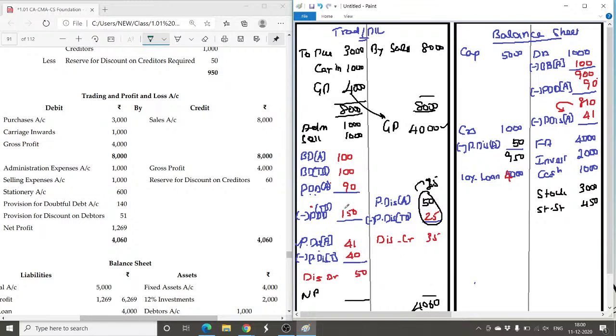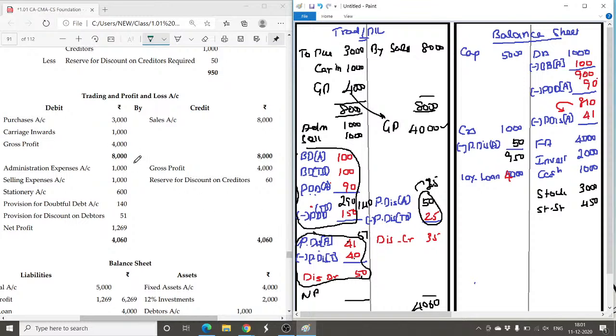Now you have to consider all these portions put together and get the value first. 100 plus 100 plus 90, 290. From 290, 150 is subtracted to find out the balance, 140. And of course you can do addition and deletion of all these things and you can find out the balance here. That balance being 41 minus 40 plus 50. So the value being 51.